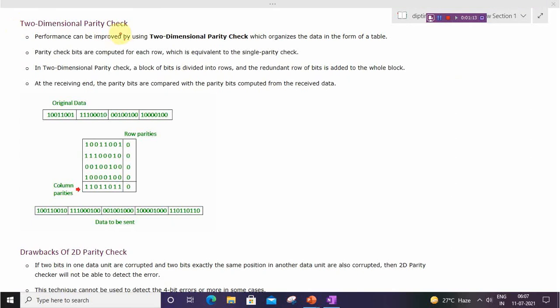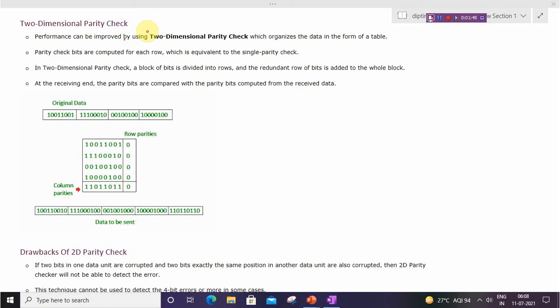In two-dimensional parity check, performance can be improved by organizing the data in the form of a table. Parity check bits are computed for each row, which is equivalent to single parity check. Means the original data is organized in a tabular form, and for each row we compute a parity bit using single parity check.